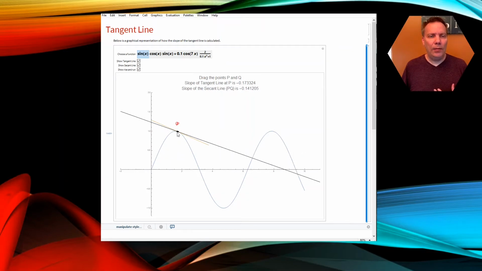In fact, if I get these points P and Q very close so that they almost overlap, the key thing here is almost overlap, I can see that the lines are looking almost the same. In other words, the slopes are very close to each other. So that's the idea of how we can use a secant line to approximate the slope of a tangent line.